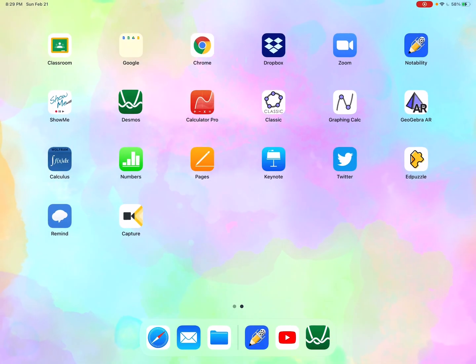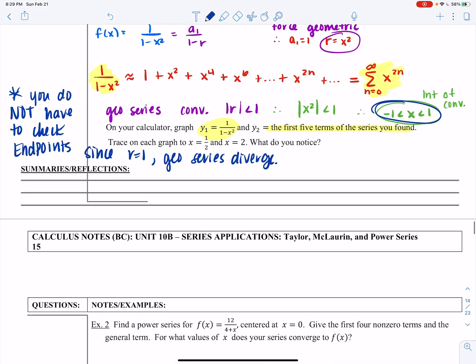So what does this mean? So what this is telling me is the series and the function are very close on the interval -1 to 1.